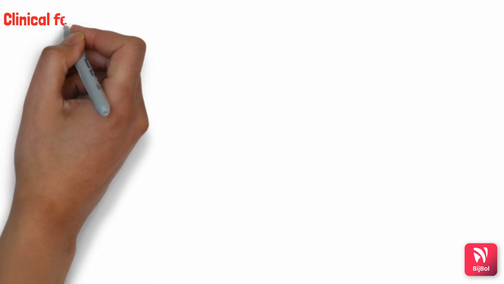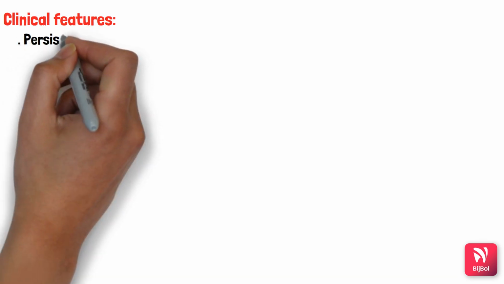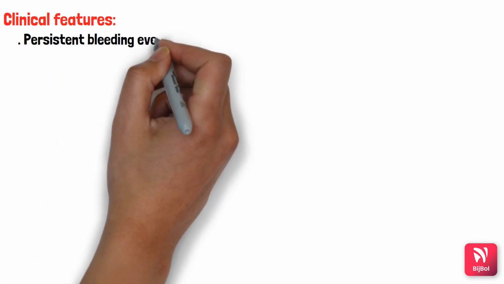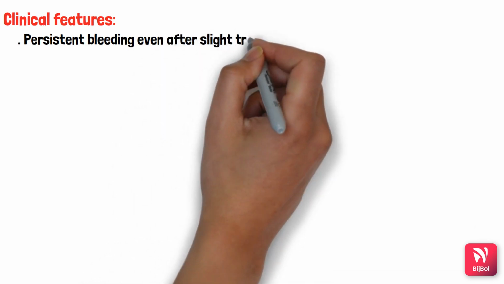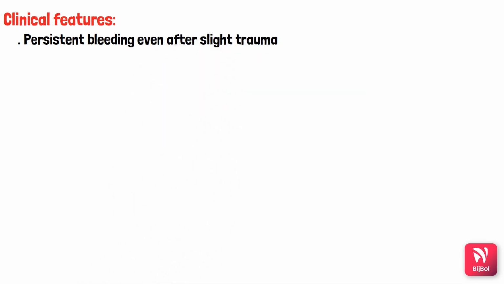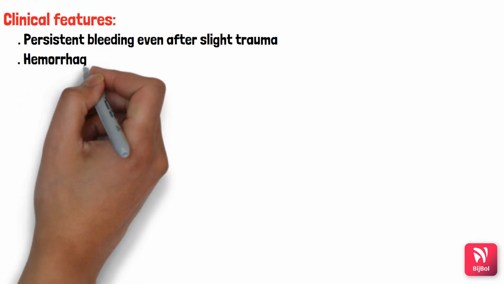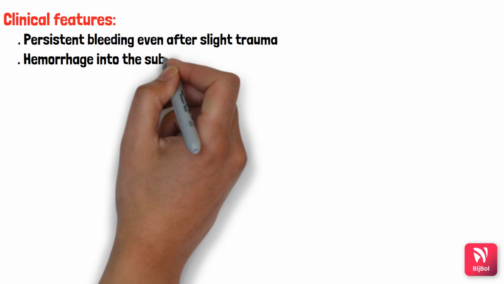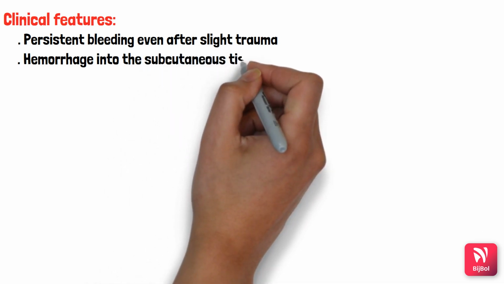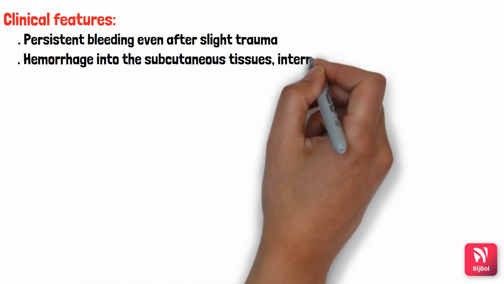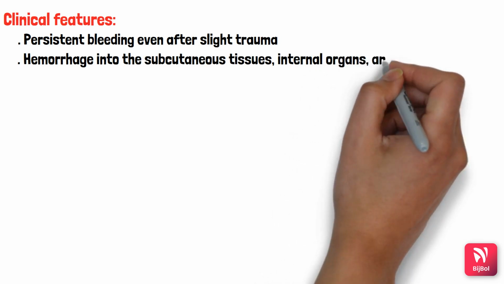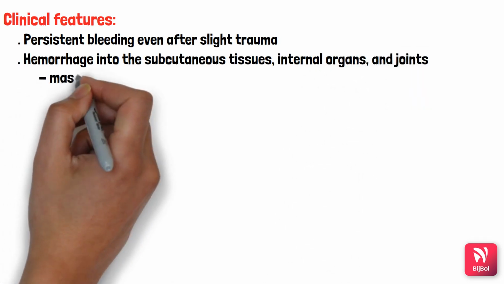So what will be the clinical features? Now that clotting is defective, with hemophilia A having a deficiency of factor 8, there will be persistent bleeding even after the slightest trauma. Sometimes the bleeding will be so much that hemorrhage will be seen within subcutaneous tissues, internal organs and joints, resulting in massive hematomas.